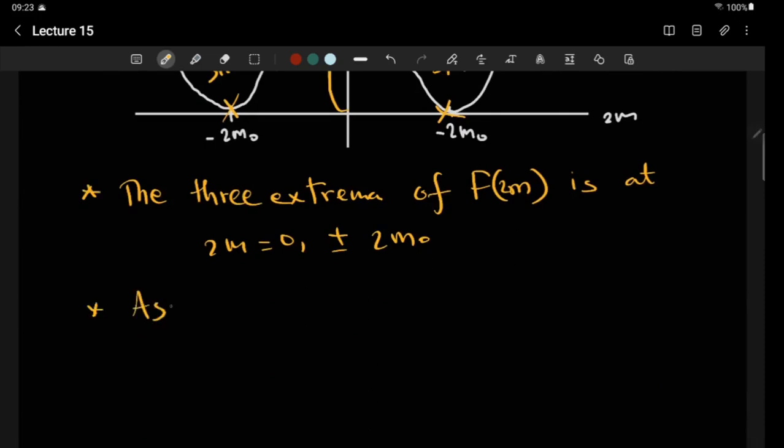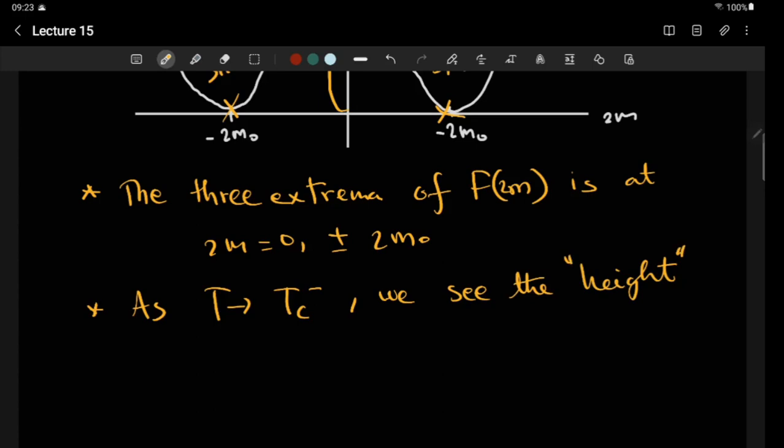Then as t approaches tc from below, we see that the height, the value at m equal to 0, goes to 0.